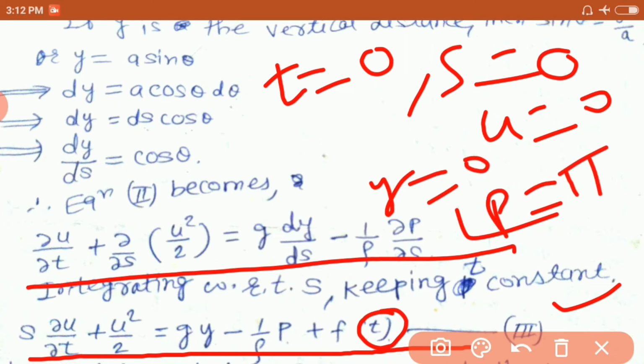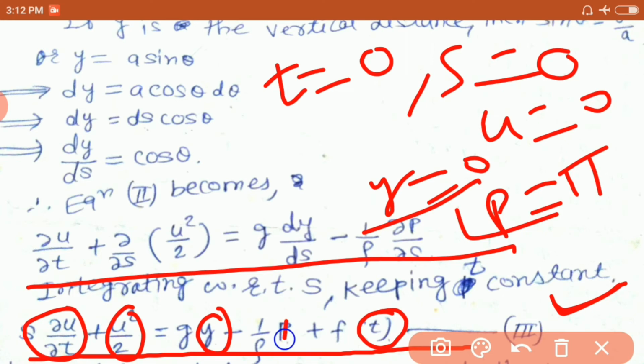Put these values in equation third. What we get? u is equal to 0, so this will be 0, this will be 0. y is also 0, so this will be 0. p is pi, so here is minus 1 by rho pi plus f of 0.